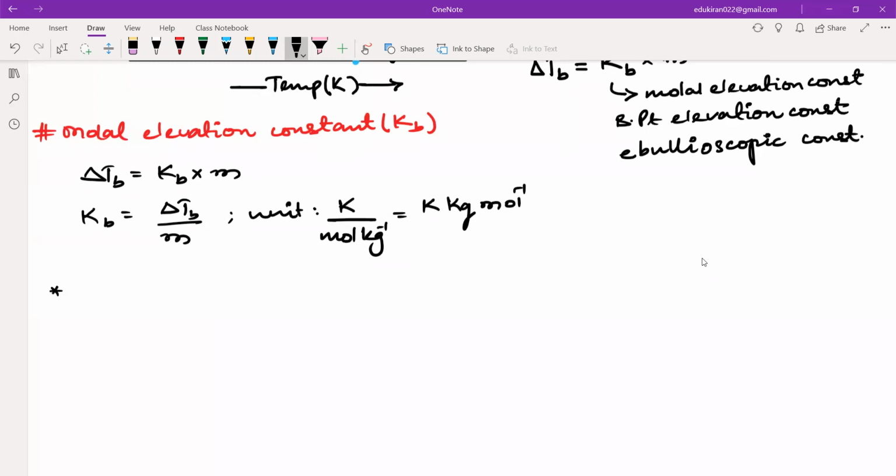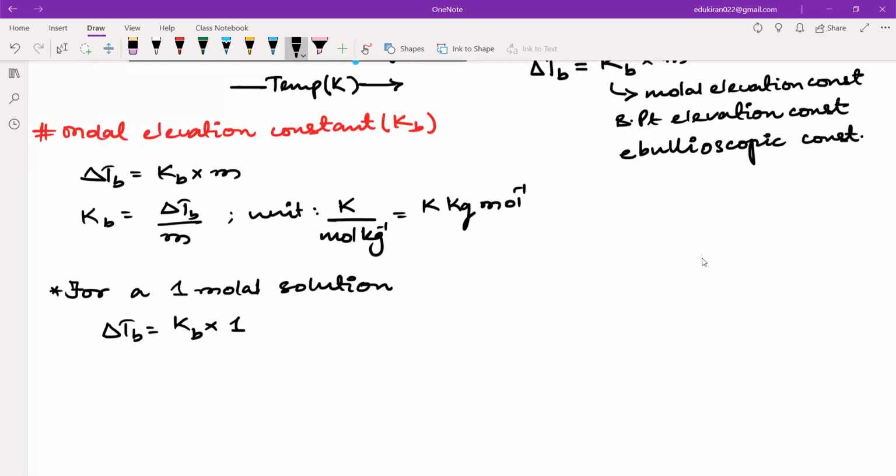Now we will write for a specific case, that is for a 1 molar solution. That means a solution of molality 1, a solution having 1 mole per kg of solvent. Please listen, don't write anything right now. For a 1 molar solution, delta Tb will be equal to Kb into 1.